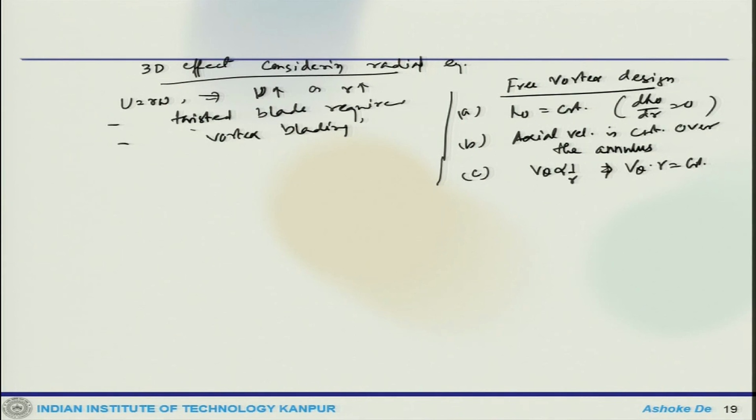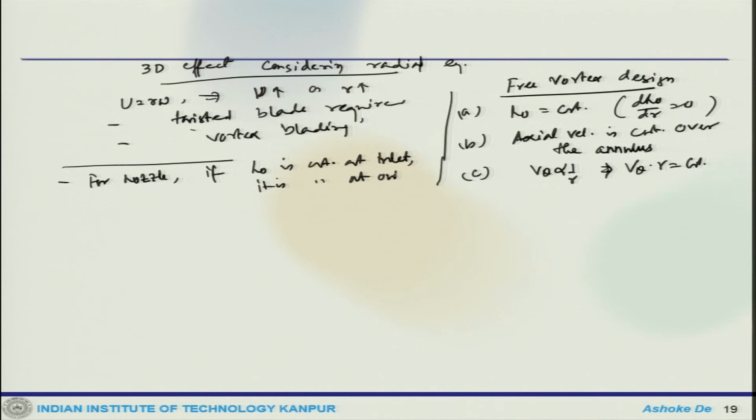Now, for the nozzle, if H naught is constant at inlet, it is constant at outlet, because no work is done in the nozzle.